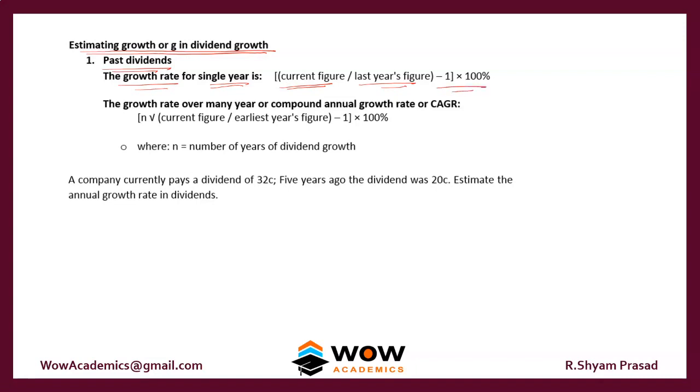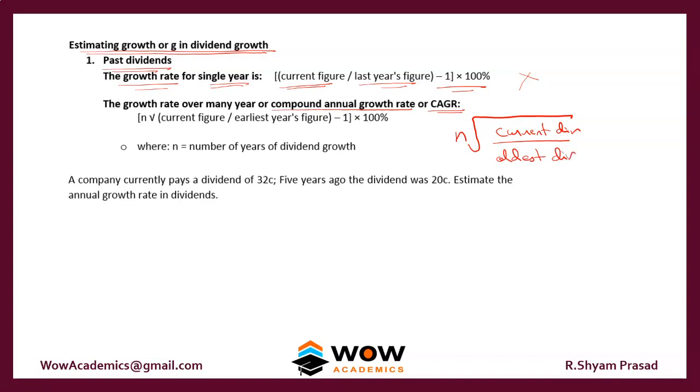Mostly they won't tell you to find out this method. What they will ask you is to find out through this second method, the compound annual growth rate method, or the CAGR method, where the formula works like this: nth root of the current figure divided by the oldest dividend.